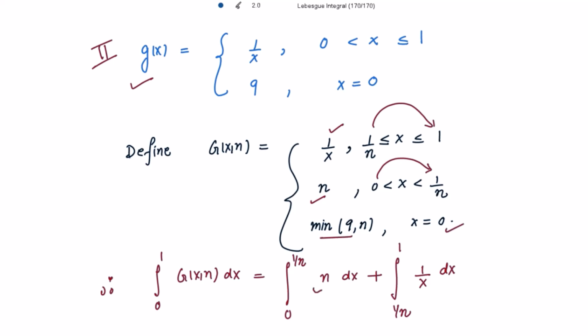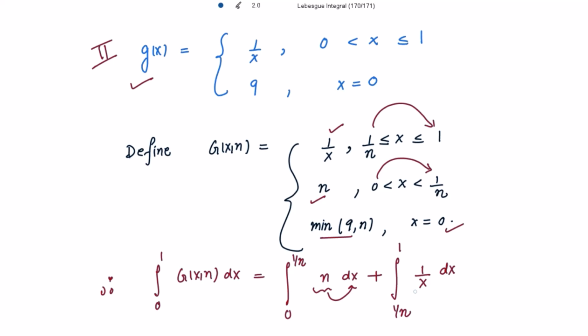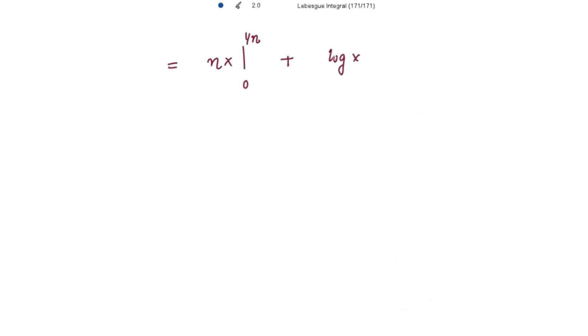So integrating n with respect to x, we get nx, and the limits are from 0 to 1 by n, plus integrating this, we get log of x, and the limits are from 1 by n to 1.